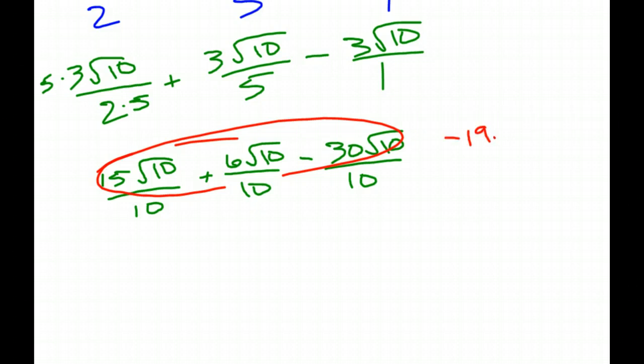Negative 19 square root of 10 over 10. Take away the 1 in front of the 19. It's not actually there. 21 minus 30. Oh, that's a 15. I was looking at it as it being a 5. It's like, wait a minute. Don't do that, students. So what is it now? Negative 9 square root of 10 over 10.